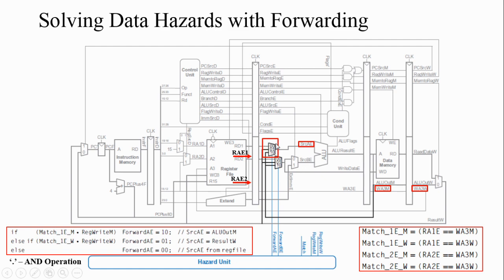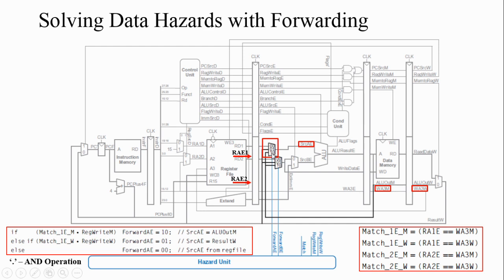One input is coming from the register file, second input is coming from the write back stage, third input is coming from the memory stage. By selecting the input to the multiplexer, you can configure any of these three inputs to source A. Similarly, all three are connected to source B also: the second register input and the other two. So you can give this to source B also, right?